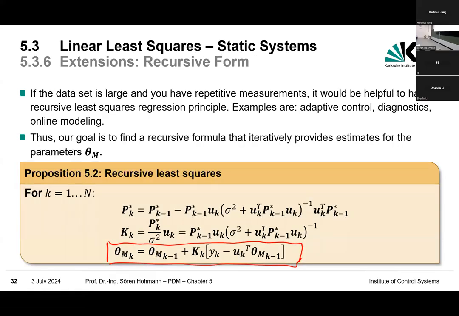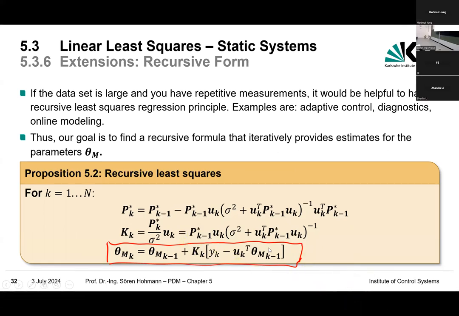It's useful also from a computational point of view. Why? Because if you look at the different calculations, you see there are matrix multiplications with vectors and matrices, and also vector matrix multiplications here.